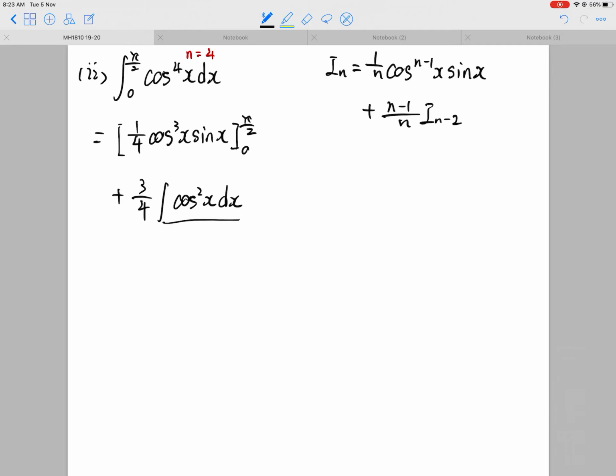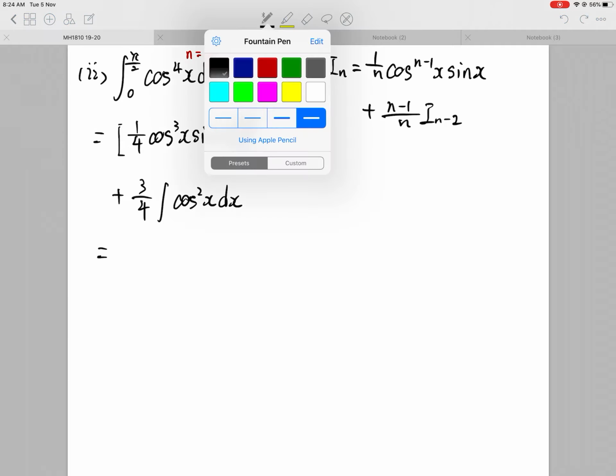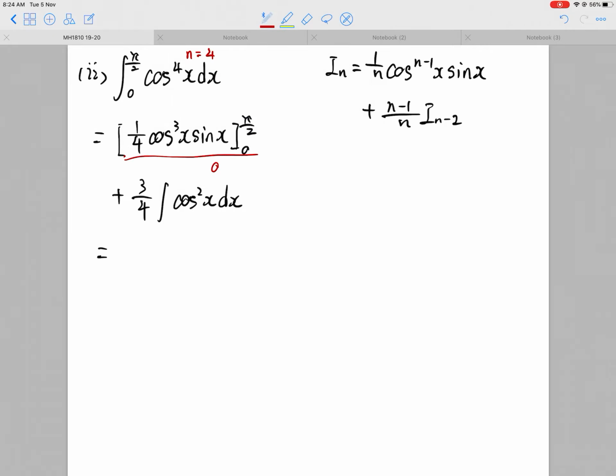And for this part, you can use the formula again. For the first part, you just substitute in, and it will be 0 minus 0, so this part is 0. Just 3 over 4 times I_2.